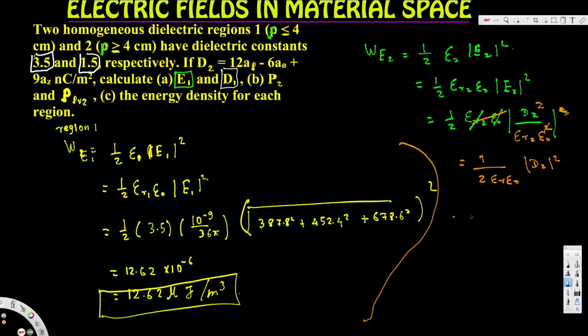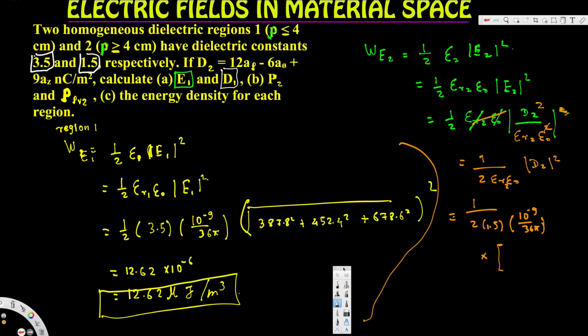So let's separate this one. 1 over 2, this is epsilon R2, so epsilon R2 is 1.5, and then epsilon naught is 10 to the power minus 9 divided by 36 pi, multiplied by D2 square.